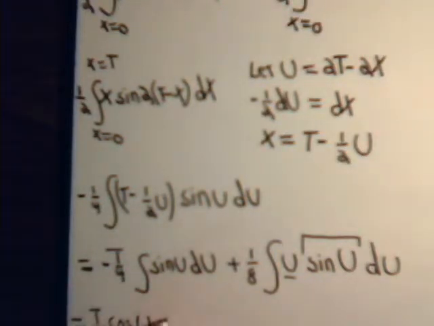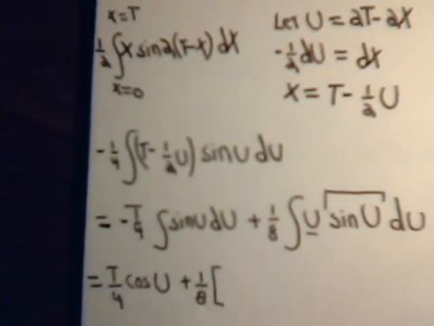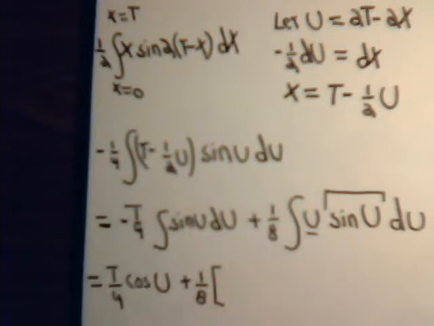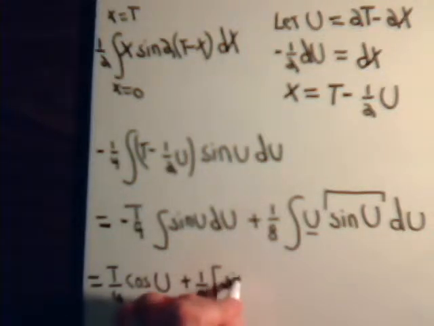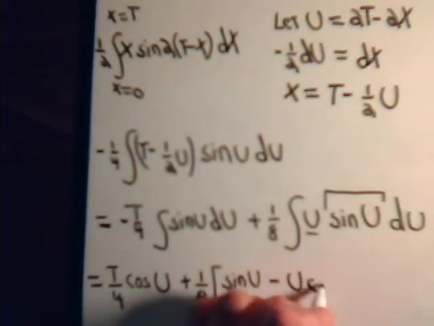When we do that, we have plus 1/8. This just gives us minus the cosine of u, the minus sign, so that's t over 4, the cosine of u. Integrate by parts here, and we have 1/8 the sine of u minus u cosine of u.